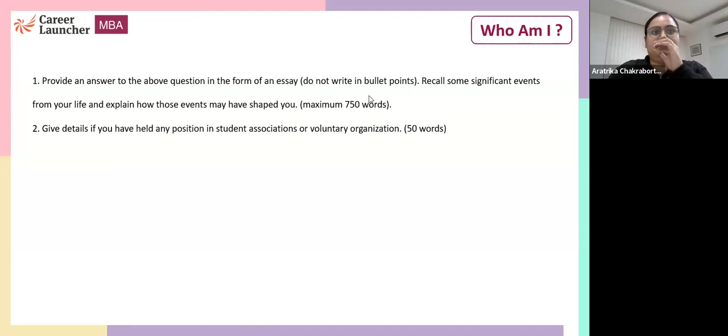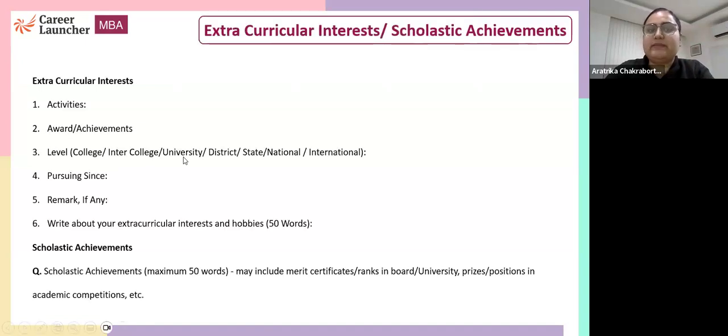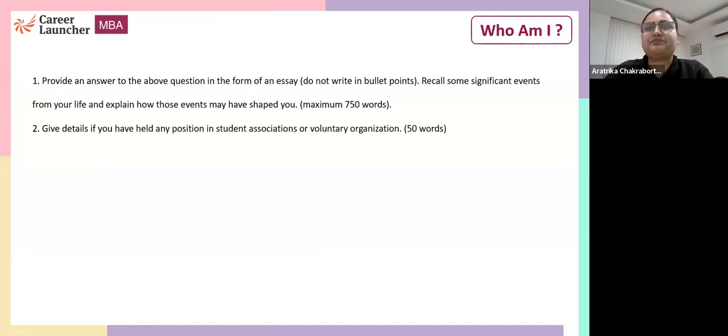And for these two things, provide an answer to the above question in the form of an essay. Do not write bullet pointers. Okay. Recall some significant events from your life and explain how those may have shaped you. So you have to write about the scholastic achievements, but do not write in bullet points. Write in paragraphs.